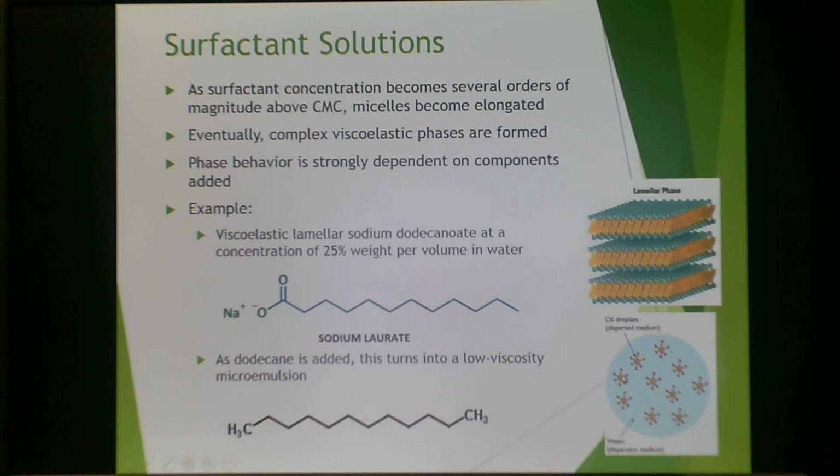And these hydrophilic heads shown here pointing out toward the water, and this hydrophobic tail pointing in toward the dodecane. And this changes the system from a viscoelastic system back to a viscous system or a low Deborah number liquid system.